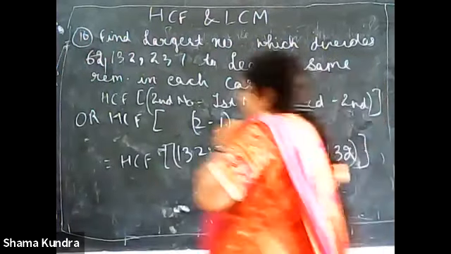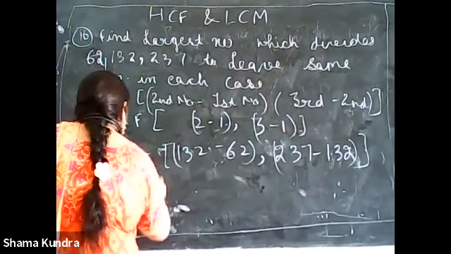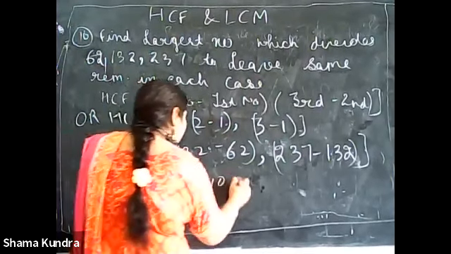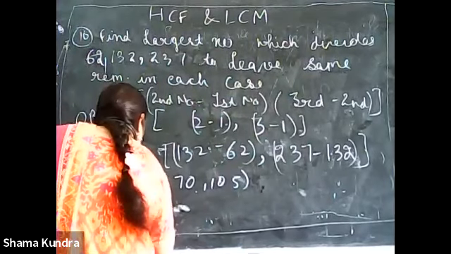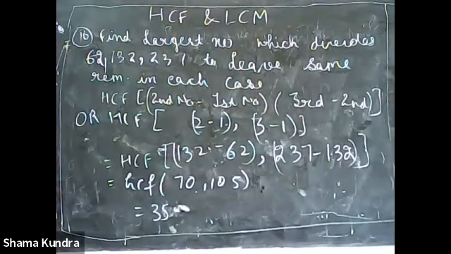You have to find the HCF of these. On subtracting you will get 70 and 105. You can check, the HCF will come out to be 35. So the answer is 35.